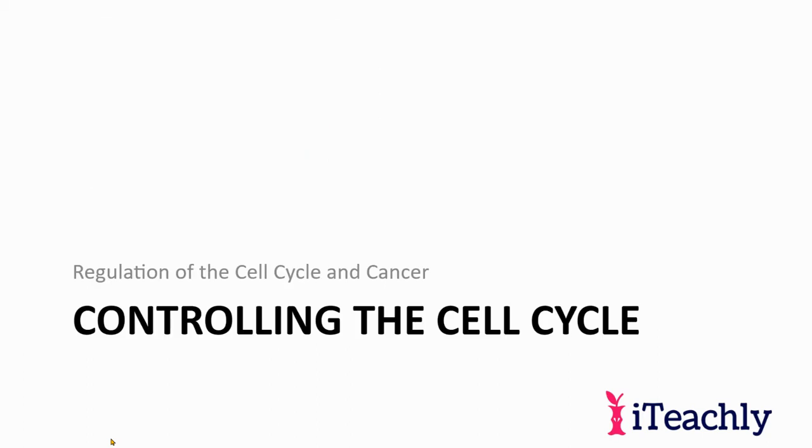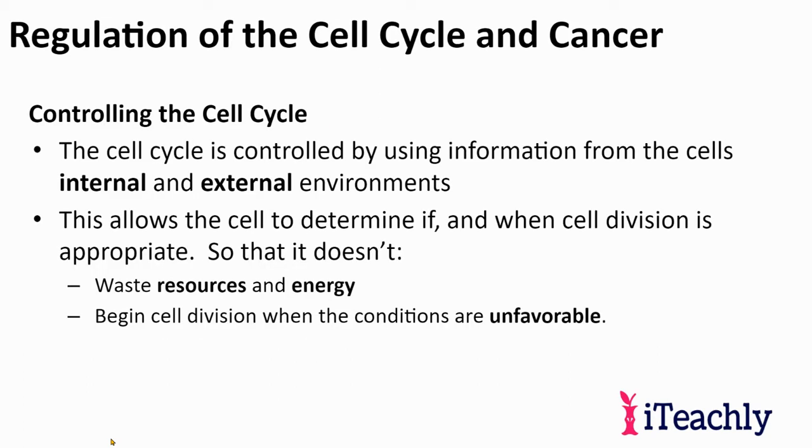That's the vocabulary. All right, so we're going to first start out with controlling the cell cycle. The cell cycle is controlled by using information from cells' internal and external environments. This allows the cell to determine if and when cell division is appropriate so that it does not waste resources and energy, and it doesn't begin cell division when conditions are not good.